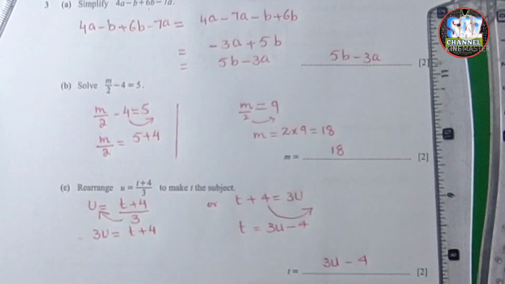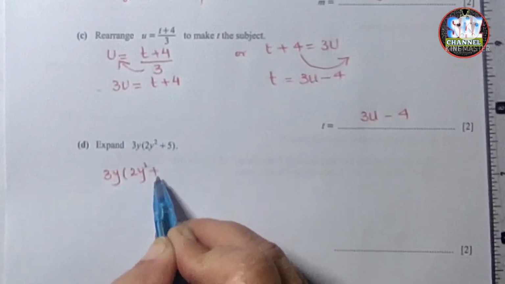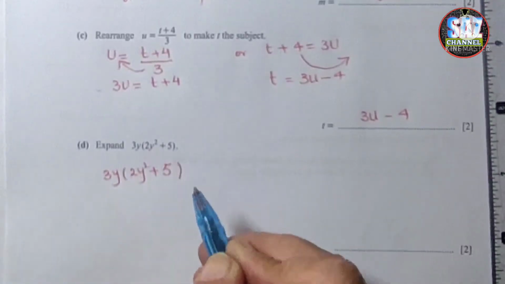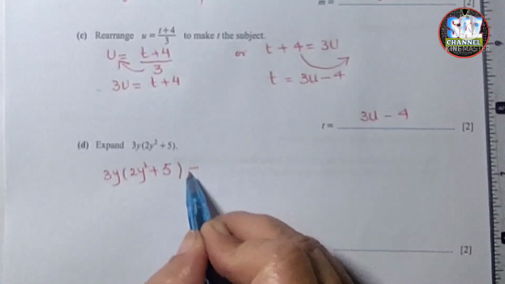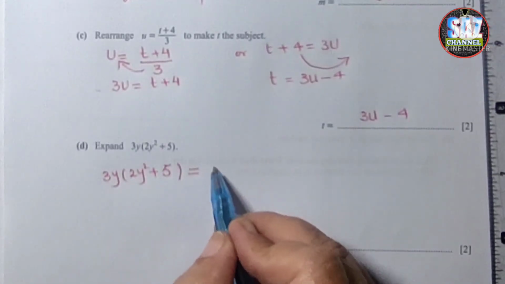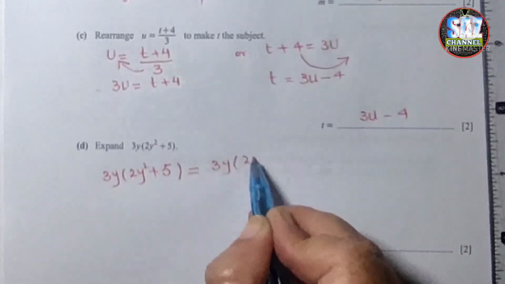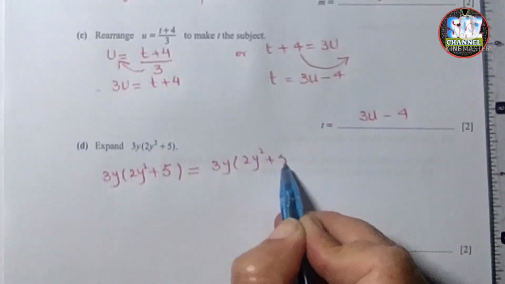And then the next is 3y into 2y square plus 5. We have to expand this. D2 chapter number 3 or D1 chapter number 4 and 5 has to be really good and strong for all these concepts. Okay, 2y square plus 5.